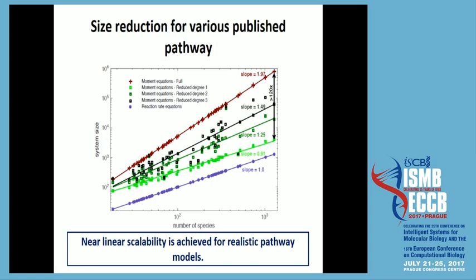We see that as the degree of the method increases, the size of the scalable moment equations also increases, but they all the time stay well below the size of the second-order moment equations. So even if you go up to third degree, you still gain a lot of size reduction. So these are really promising results, but that's not all.